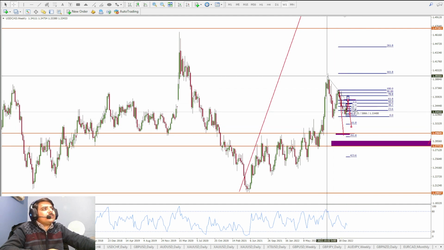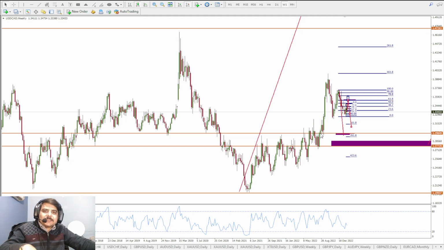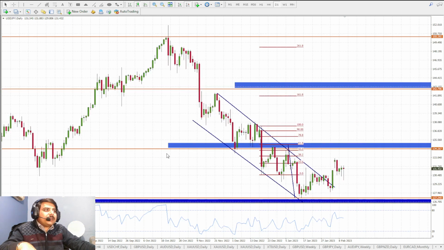No doubt this is in a rectangle, but market has to do it because this is a Fibonacci, and Fibonacci never leaves their levels unjustified. So this is the dollar CAD. During the week I will be updating you about it further.